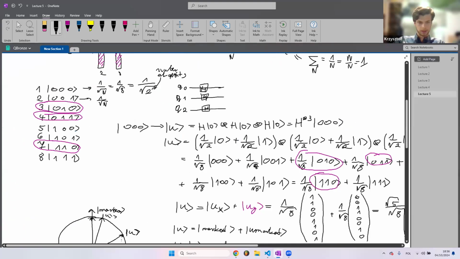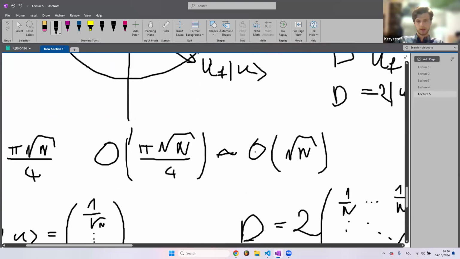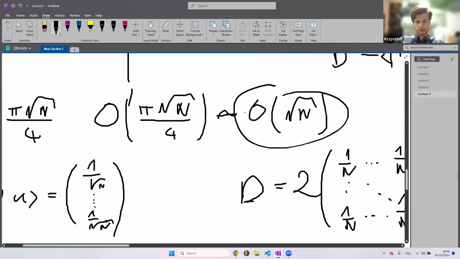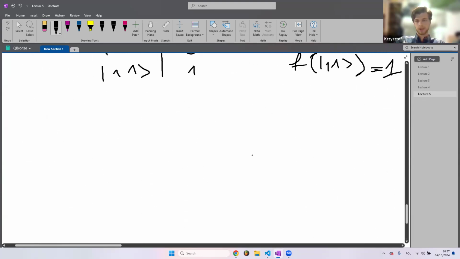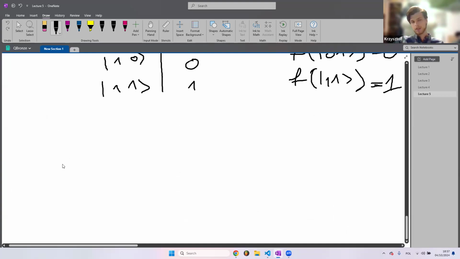In quantum, using this game, we'll have one over square root of n iterations. There are two different implementations you can see.